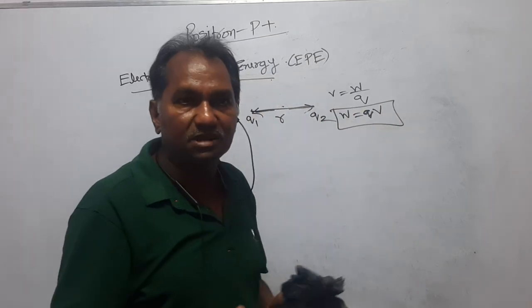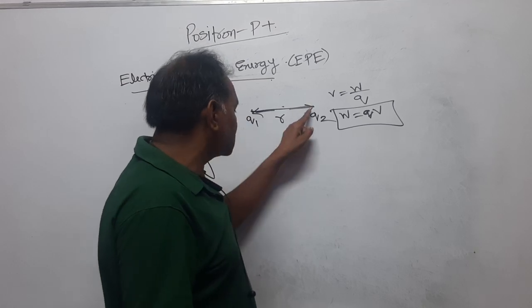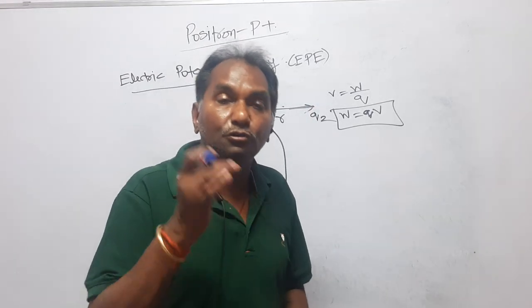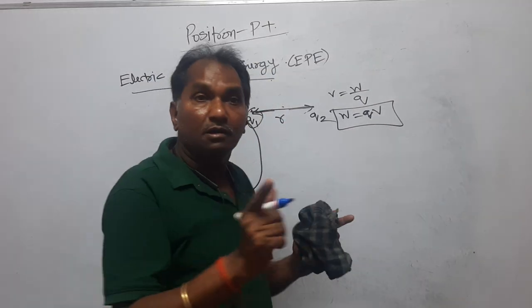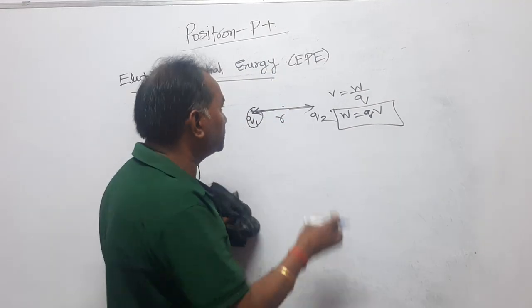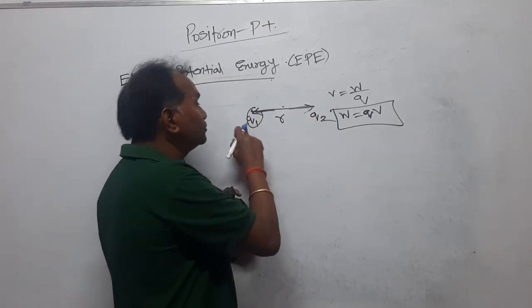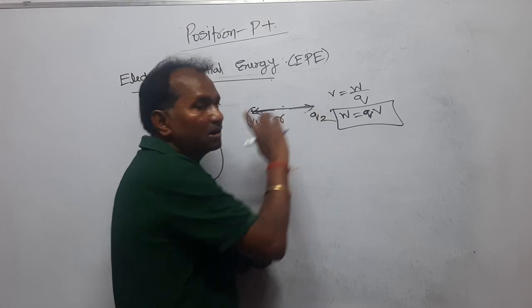Look here, what I am saying is that I am trying to find out the potential at this point due to Q1, and then we will say that Q2 charge is kept in the field of Q1. Or you have an option that you can find out the potential due to Q2 at this point, and say that Q1 charge is brought from infinity in the field of Q2.